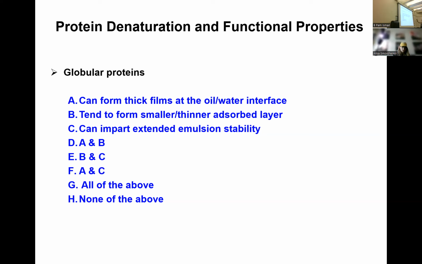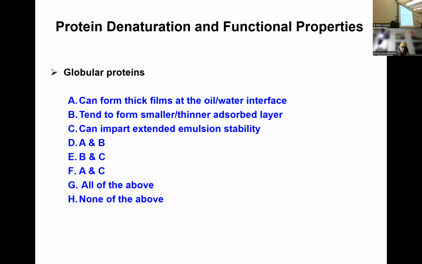If you have casein or a very open structure protein, it would naturally form a very nice emulsion, but it might suffer from having a thin versus a thick film.